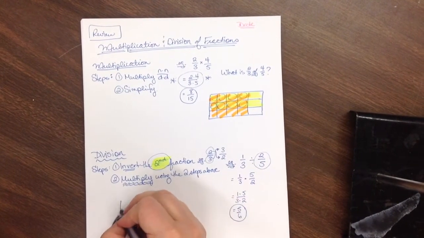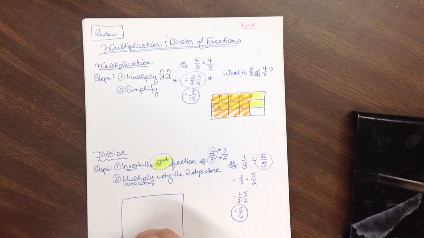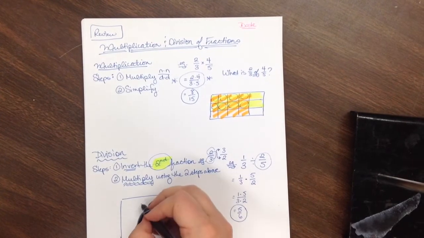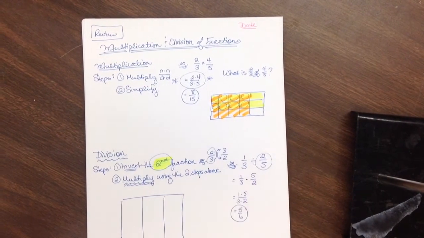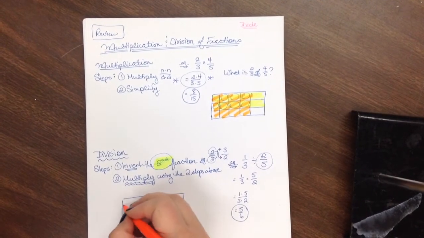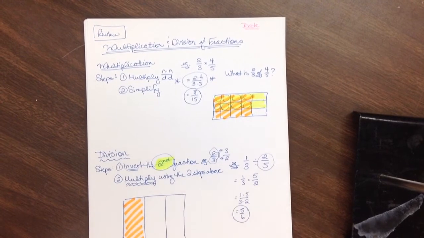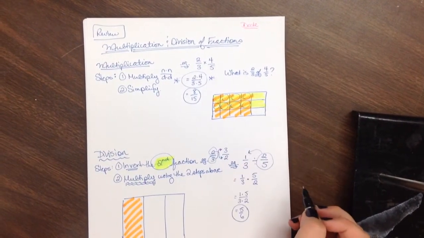Okay, so let's look at a diagram here. So here's my diagram. So let's first divide my diagram into thirds. So here is 1/3. Okay, so this is what I'm looking at. How many 2/5 go into 1/3?